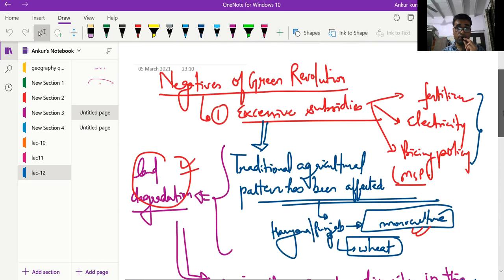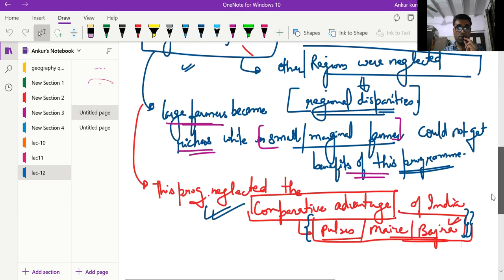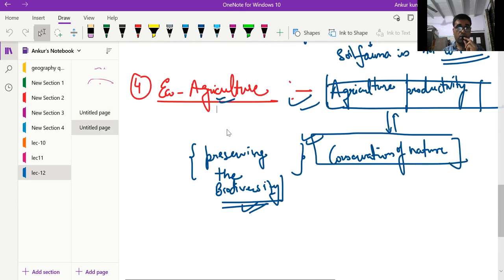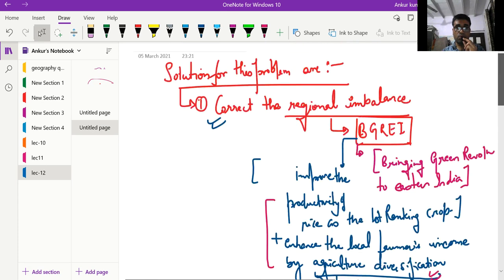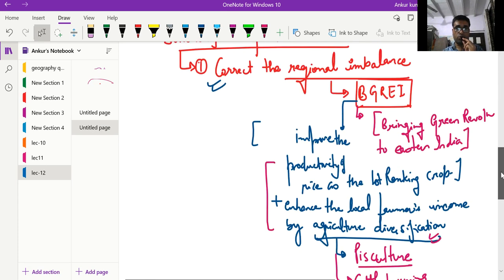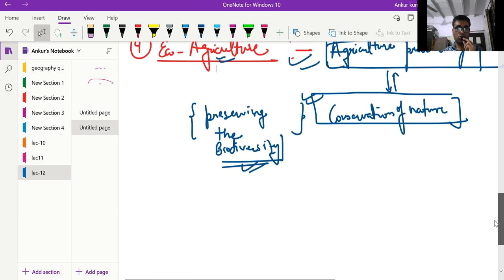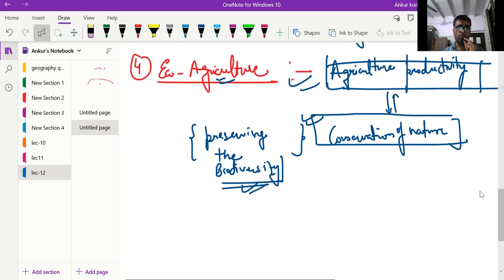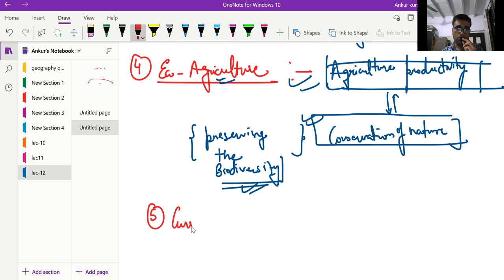Okay, what were the negative effects? The excessive subsidies and the regional perspective that we gave. And the third one, the last most important again, is what can we do now to correct the problem. Okay, so we suggested some solutions, although other solutions can be suggested. For example, one solution that can also be suggested is the current farm legislations.